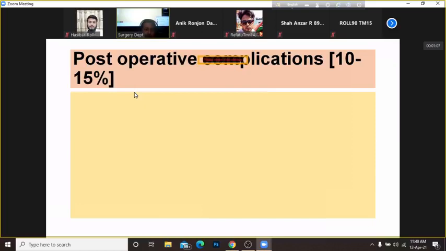Complication may be 10 to 15%. The common documented postoperative complications after cholecystectomy are: number one is hemorrhage. Hemorrhage usually occurs occasionally from the cystic artery or hepatic artery, and commonly from the liver bed or accessory cystic artery.